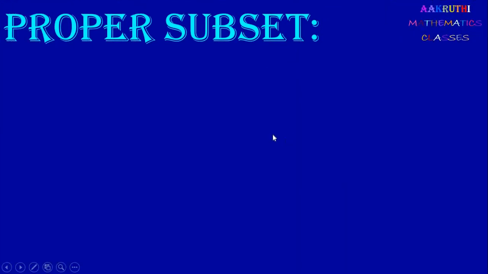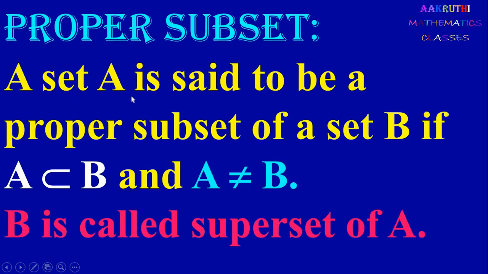So next is proper subset. So we see what is meant by proper subset. A set A is said to be a proper subset of B if A is a subset of B and A is not equal to B. Now here we have one set, set A, which is a subset of B. If A is not equal to B, then only it is called a proper subset. That is, the same set is not called a proper subset. All other subsets are called proper subsets of the given set.